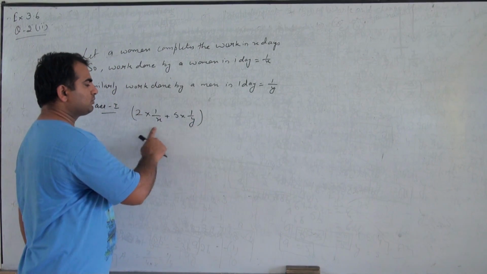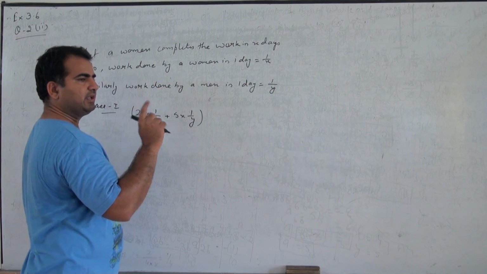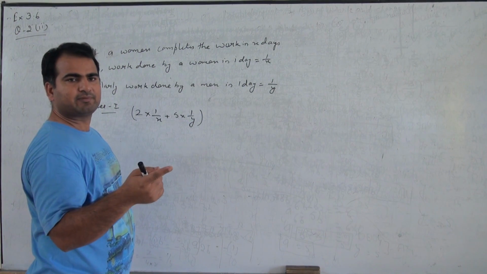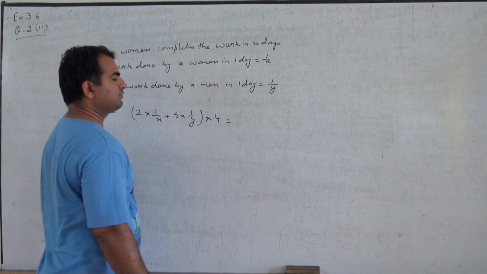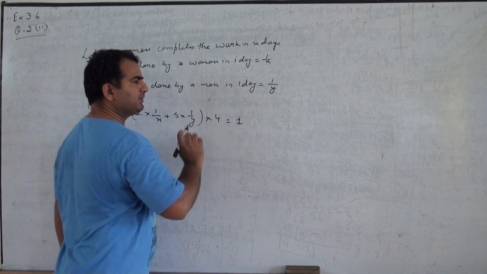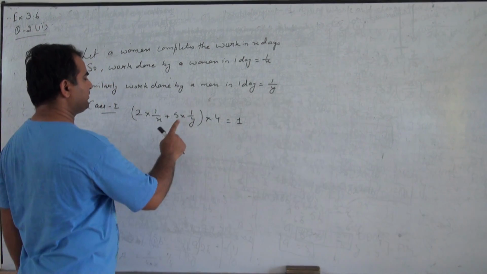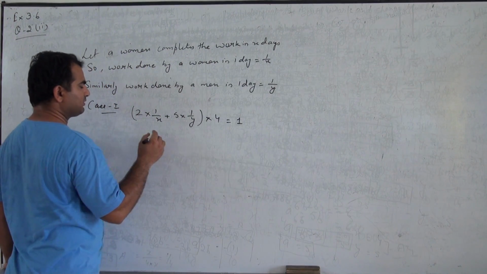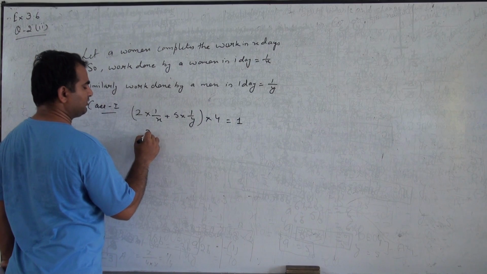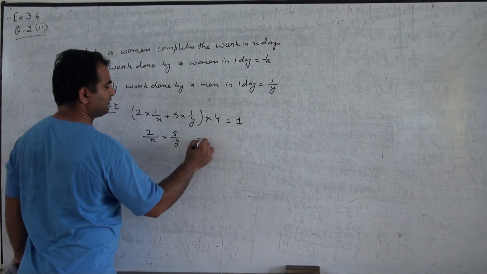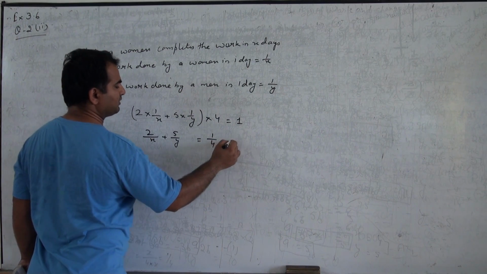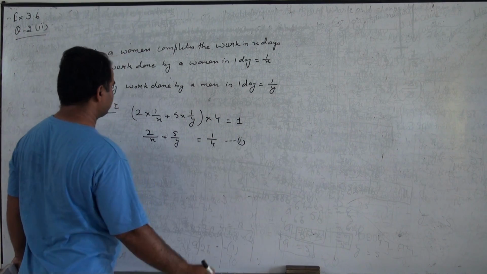So this is their total 1 day work, and if we multiply it by 4, this is their 4 day work, and in 4 days they complete the work, so it will be 1. We shift the 4 to the right hand side. It will be 2 upon x plus 5 upon y equals 1 upon 4. It is equation number 1.